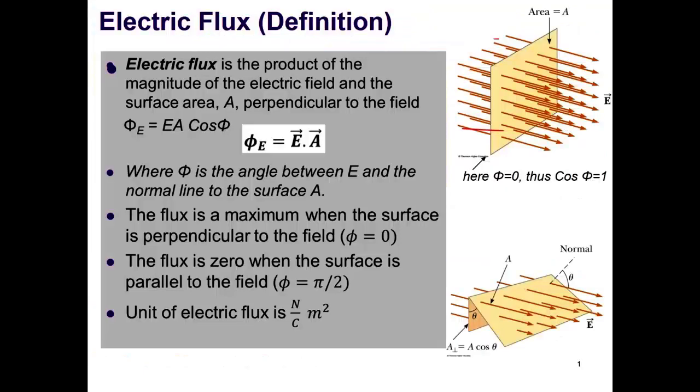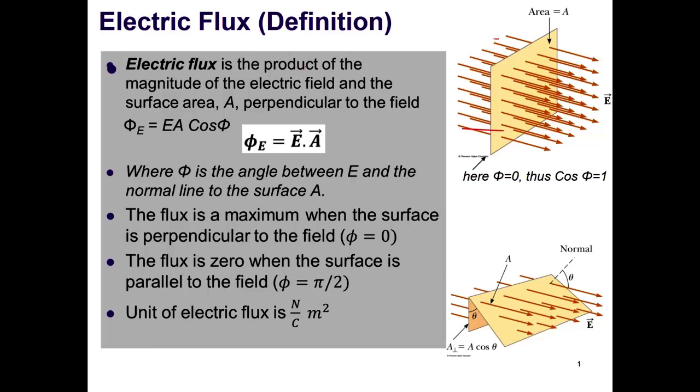Try to apply Gauss law on a few questions or examples. So electric flux is a physical quantity. Later on we will have magnetic flux. Electric flux simply is a dot product between 2 vectors. One vector is the electric field and the other vector is the area.